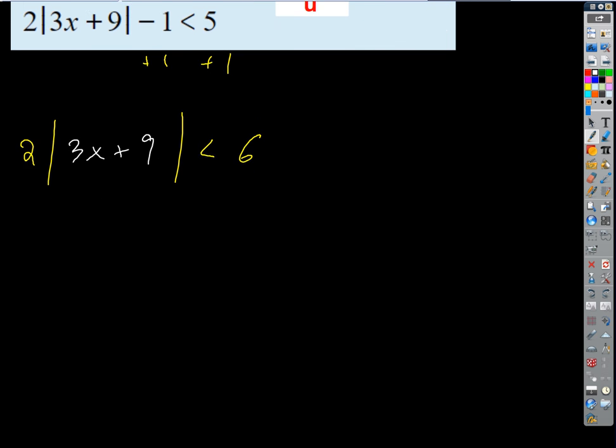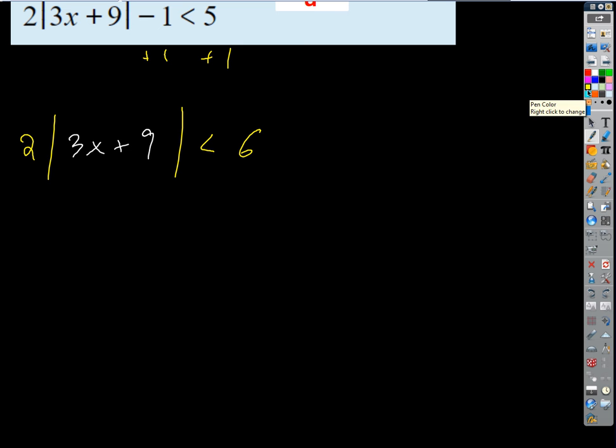Divide by 2. So if I divide by 2, we get the absolute value of 3x plus 9 is less than, what's 6 divided by 2? Okay? So we isolated the absolute value. That's good. That's what all that stuff was about.